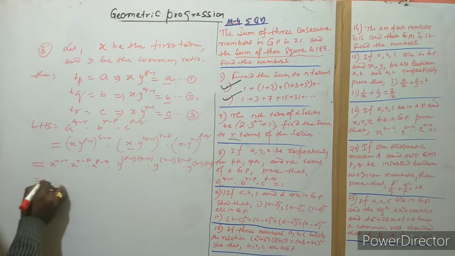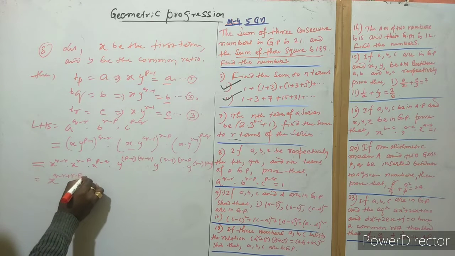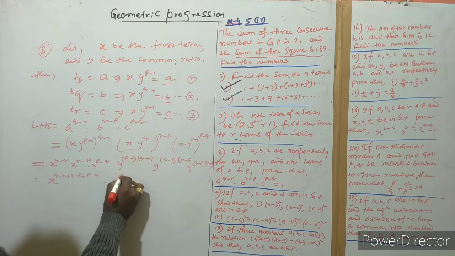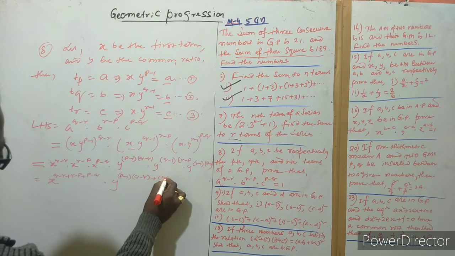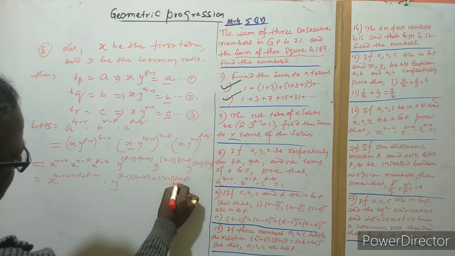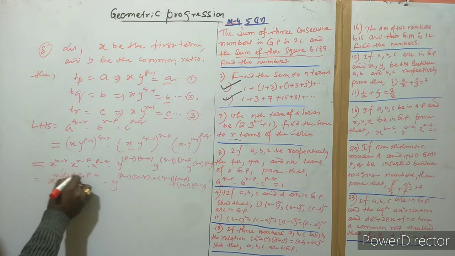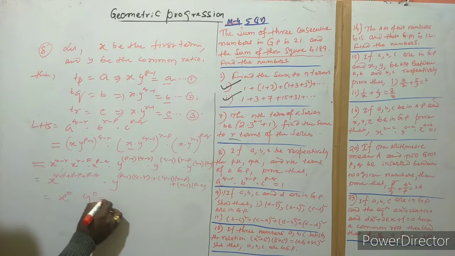So if we add these, as the base is the same, we get here 0 power, and this is why we can write here that it is 1. So all these values are the same as x to the power 0 and y to the power 0, and this is equal to 1. See carefully, very interesting question, number 8.